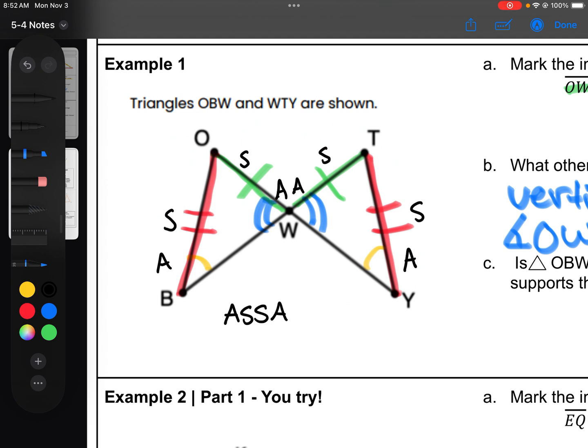So we need to figure out which one of these makes a congruency. Now we've learned that this does not make a congruency, so it cannot be that. It can also not be the same thing backwards. So what we are going to have to do is actually go the other way. So I have an angle here, I have another angle here, and then I have a side.